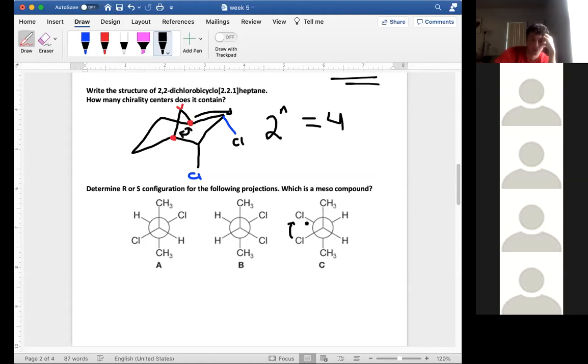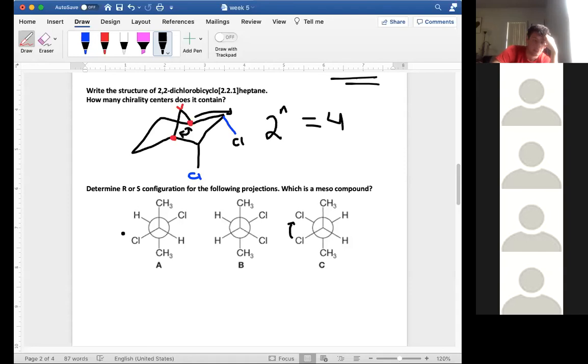So the Cls are in line, but the CH3 and the H aren't mirrors, right? Only the Cls are mirroring each other. The whole thing has to be a mirror, not just one group. So if you're given a Newman, rotate it, and redraw it if you want, make it eclipsed, and see if everything is a mirror. And in this case, it would be A.